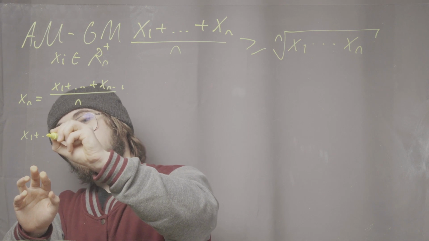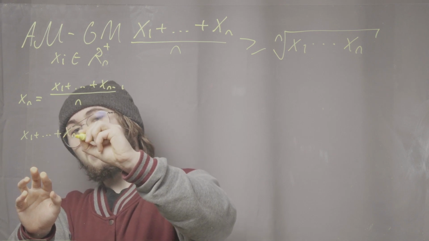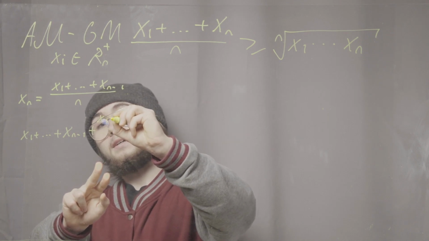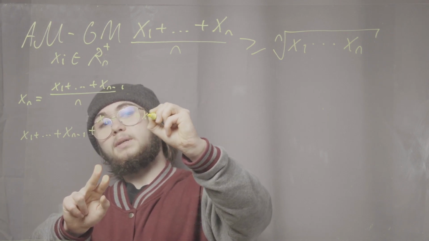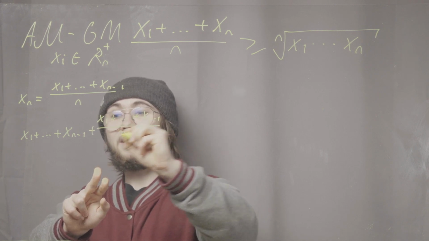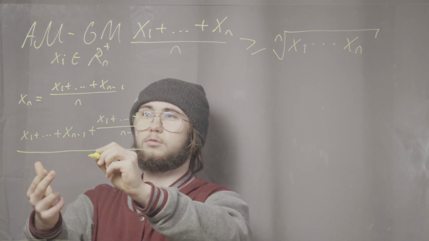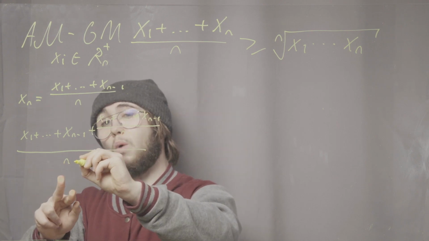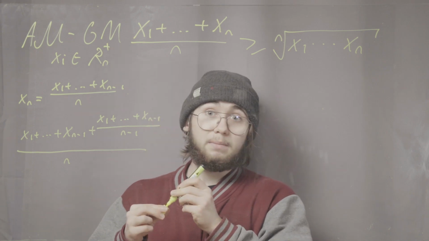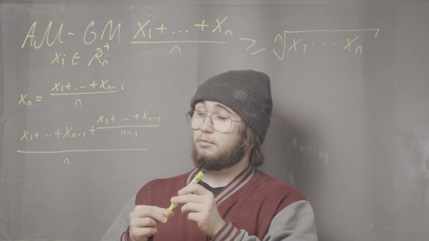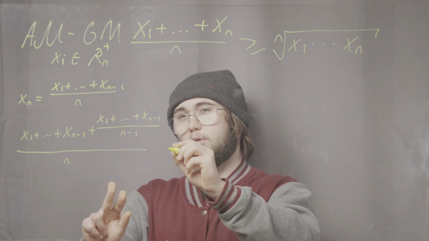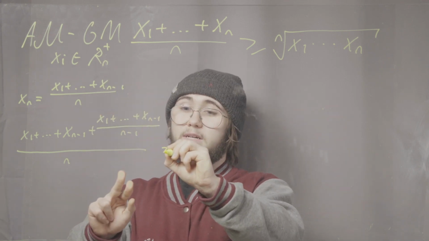is x1, and I'm adding stuff up to x sub n minus 1, and then I have to add the arithmetic mean of the first n minus 1 x's, and then I will multiply everything by 1 over n, and divide everything by n. And after pumping my marker a little bit, because it's dying once again, I will get something like this.